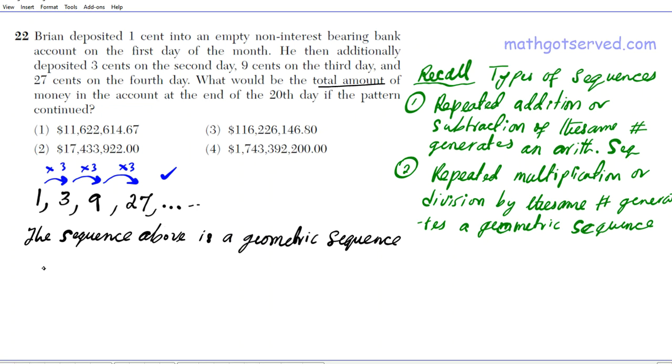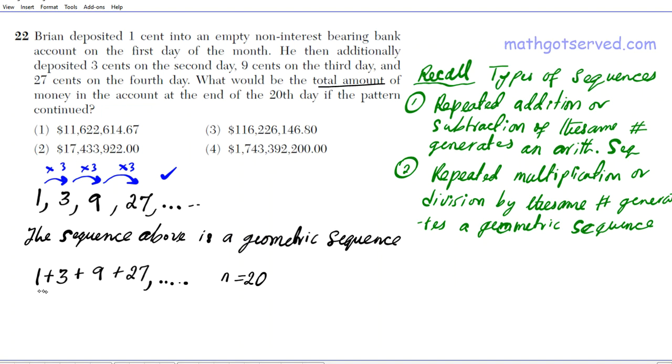So what do you get when you have the sum of the terms of a geometric sequence? 1 plus 3 plus 9 plus 27, and we're supposed to continue 20 times. So we have this sum going on for n equals 20.